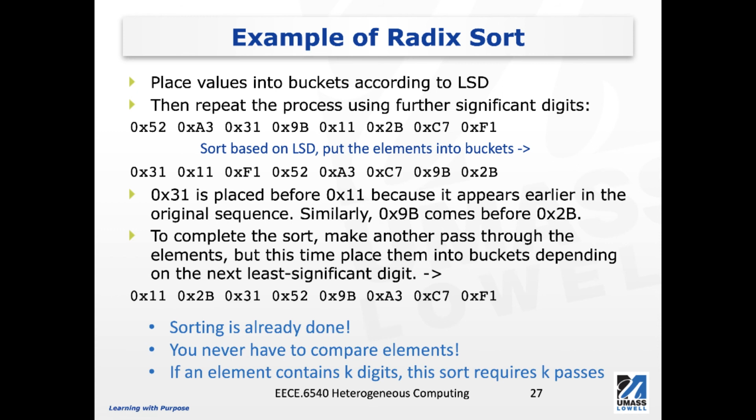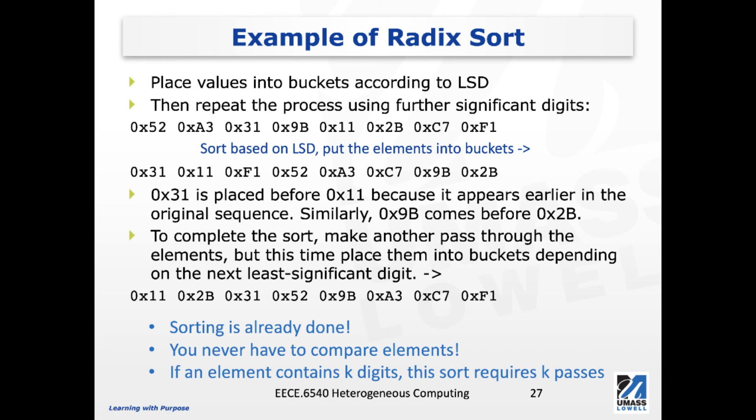When we look at this, we are looking at this 1 because this is the most significant digit, and there are no other numbers with 1. So this is the number we're going to put into the first bucket. And we're going to look at all the other numbers as well, and we can find that this 2b is actually the only one that has 2 on the most significant digit.